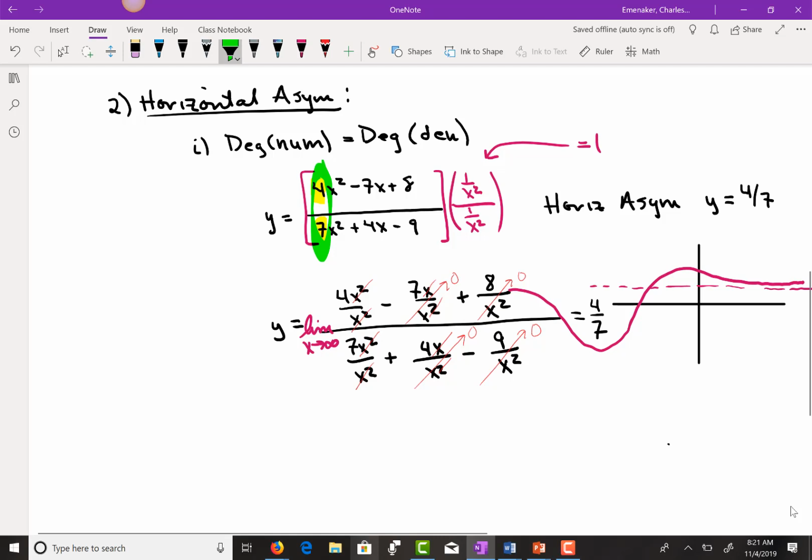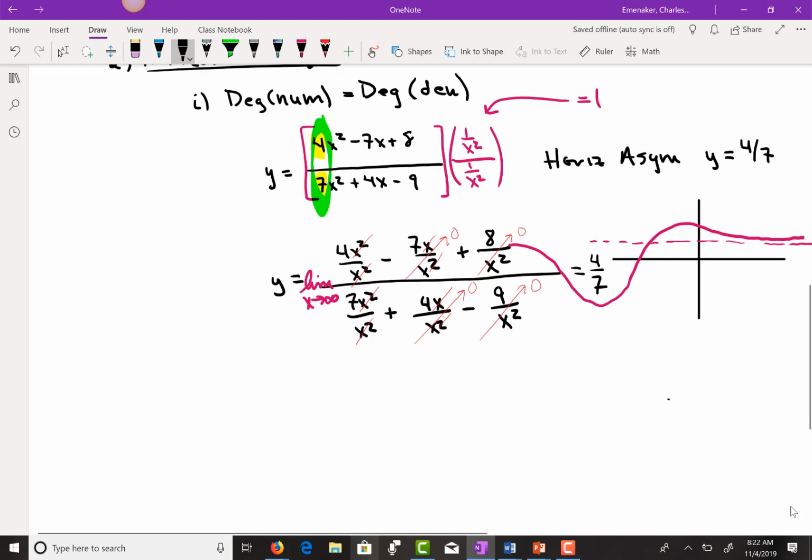Does that make sense where that comes from? It's pretty easy to read, isn't it? You just walk up. If there's a tie for the highest degree, if it's an x to the 5th in the numerator and the denominator, you just look at the numbers and boom, without doing anything other than looking at it, you can write down what the horizontal asymptote is going to be. And it's just that cool, just that easy.